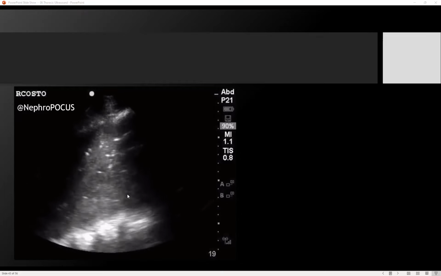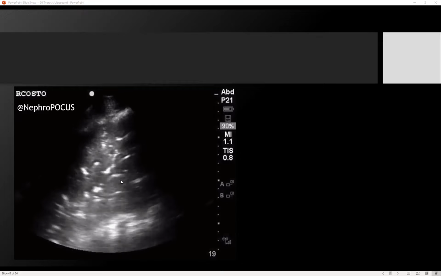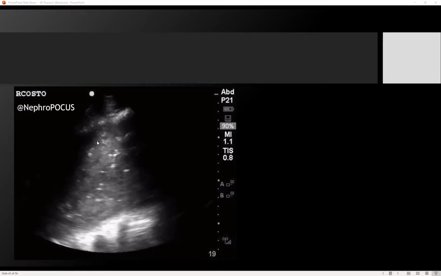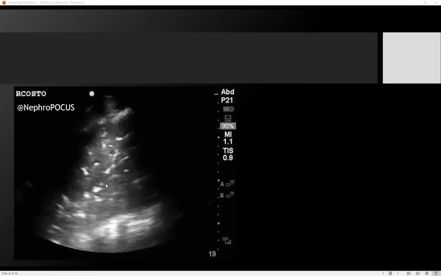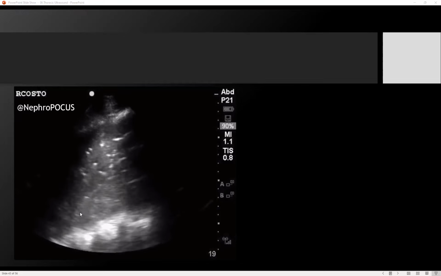So this is a consolidated-appearing lung, this would be a translobar pneumonia, right? It's all tissue-like, but in addition to having the tissue-like sign and a collapsed-appearing lung, you have air bronchograms, which suggests that this lung is actually not completely collapsed. If it were completely collapsed and atelectatic, then there wouldn't be air going through the bronchioles, right?